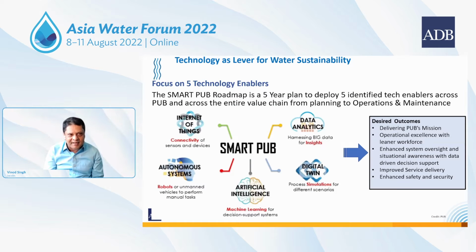And then the idea was for the PUB to use the 5 technology enablers, which are Internet of Things, data analytics, digital twin, artificial intelligence, and autonomous systems. We can go into a detailed talk on these, but we don't have the time to do that. But these are the technologies which will help to deliver PUB's mission: operational excellence with a leaner workforce, and enhanced system oversight with situational awareness and a data-driven decision support system.